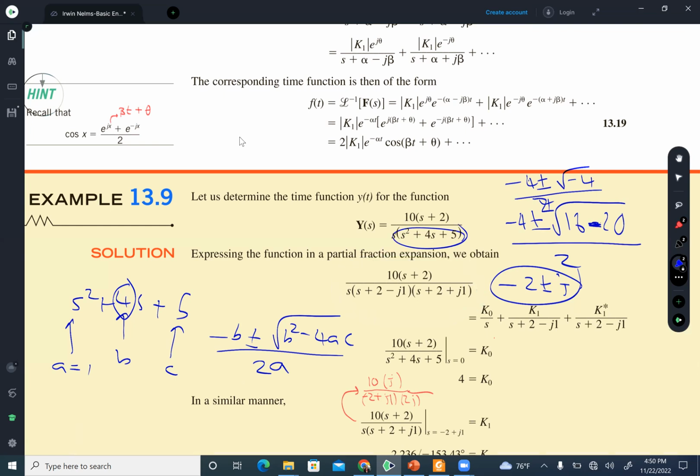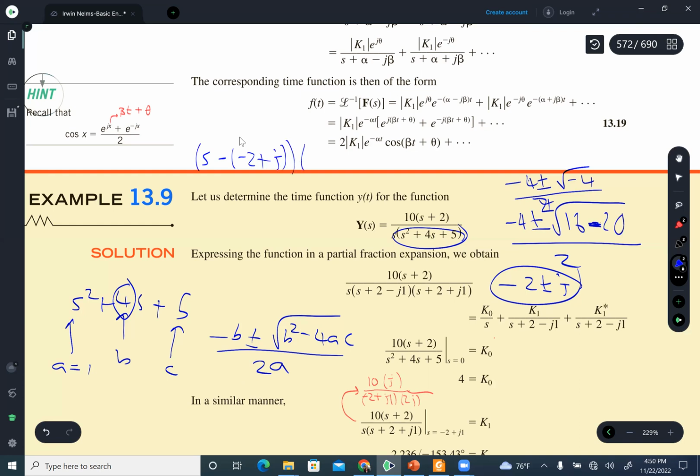Because the way that you write it, it's minus 2 plus or minus j, so you have to have s plus 2 minus j times s plus 2 plus j, right? In other words, you're subtracting the roots.